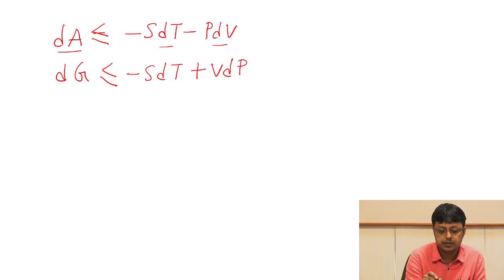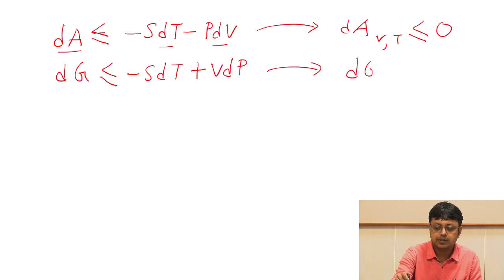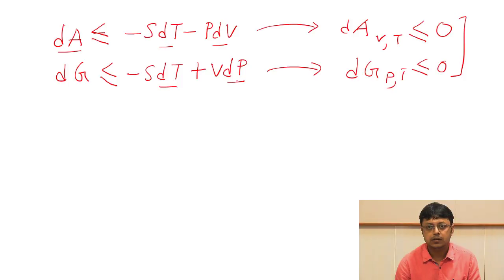Then dT and dV will be 0, and dA is less than or equal to 0 at constant temperature and volume, or dG at constant pressure and temperature similarly can be less than or equal to 0. So these are the natural choice for the conditions for equilibrium and spontaneity, which we'll be frequently using.